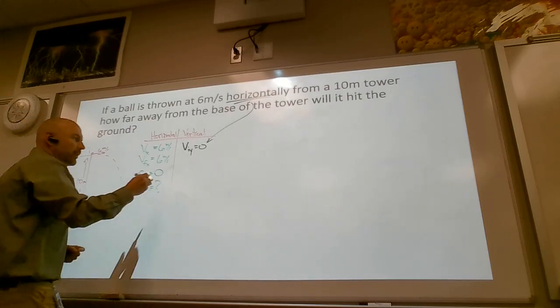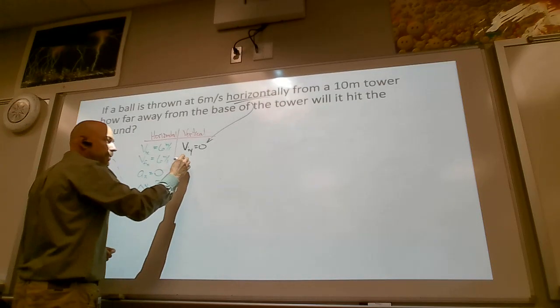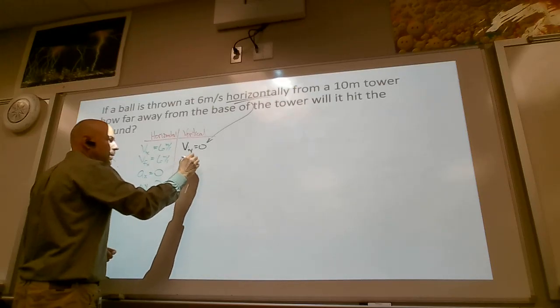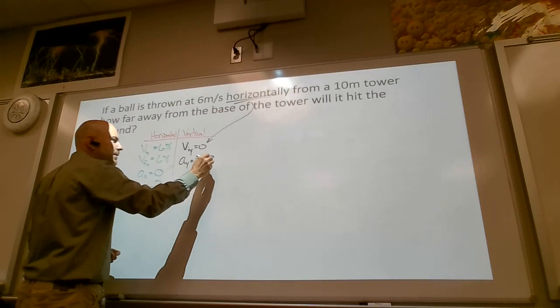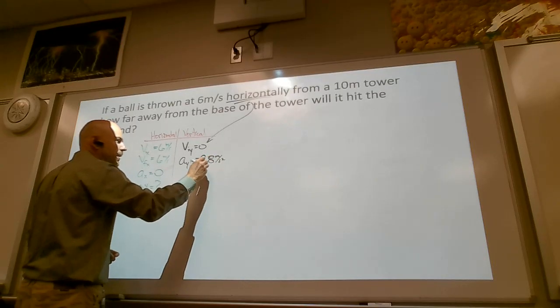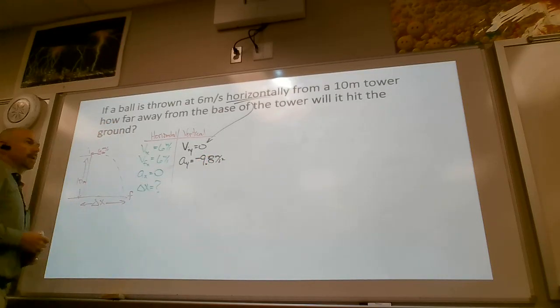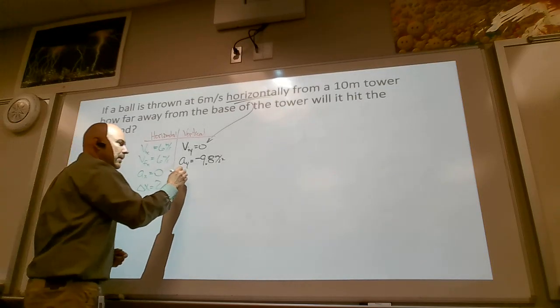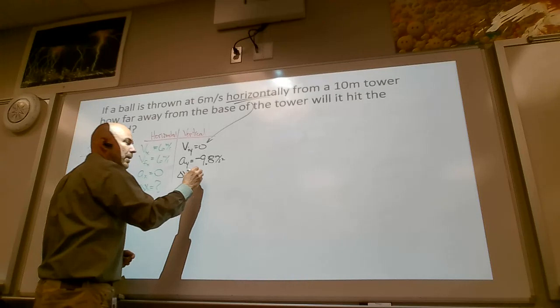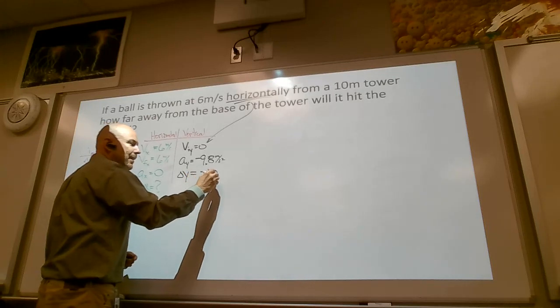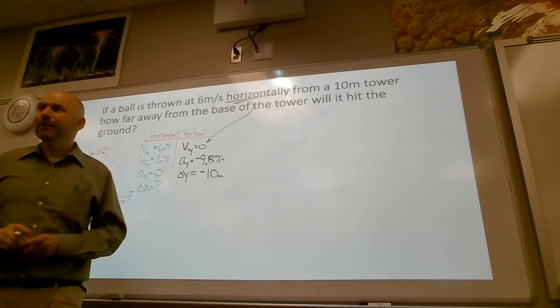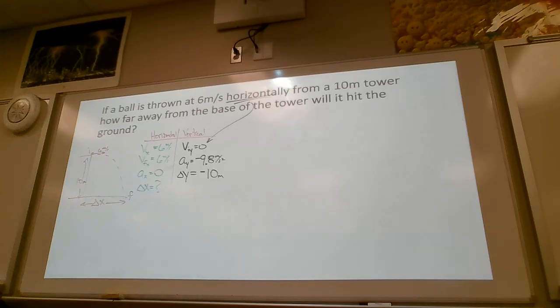What else do we know in the vertical direction? It's in free fall, so vertical acceleration is negative 9.8 meters per second squared. And delta y is equal to, watch yourself, negative 10 meters. Why is it negative? Because it's going downwards.